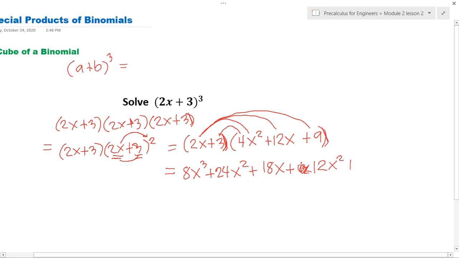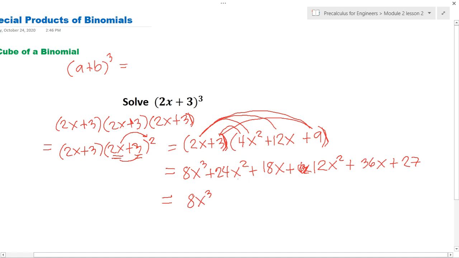Then you have 3 times 12x, so you have 36x. Then 3 times 9 is equals to 27. So combine all terms, so you have 8x cubed.